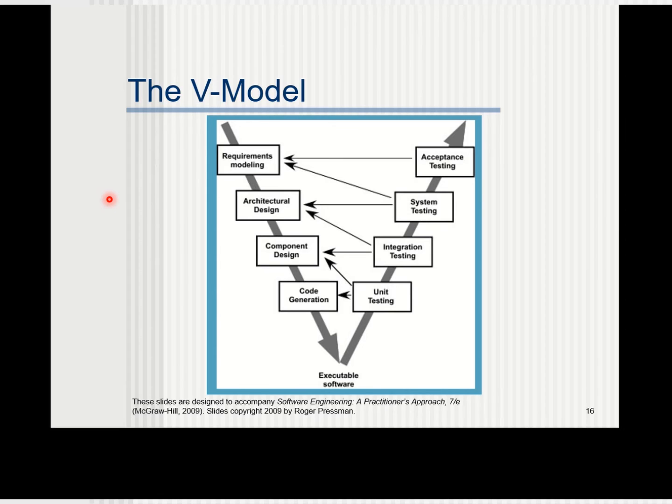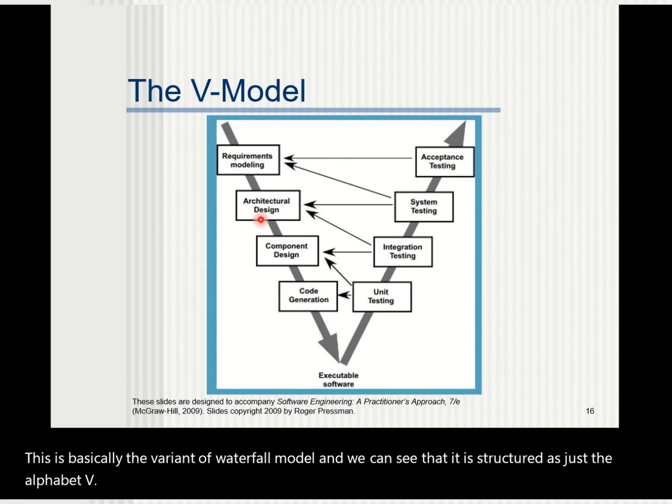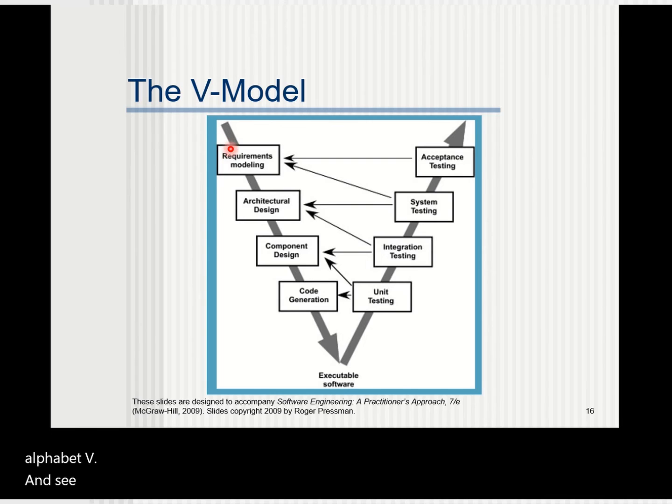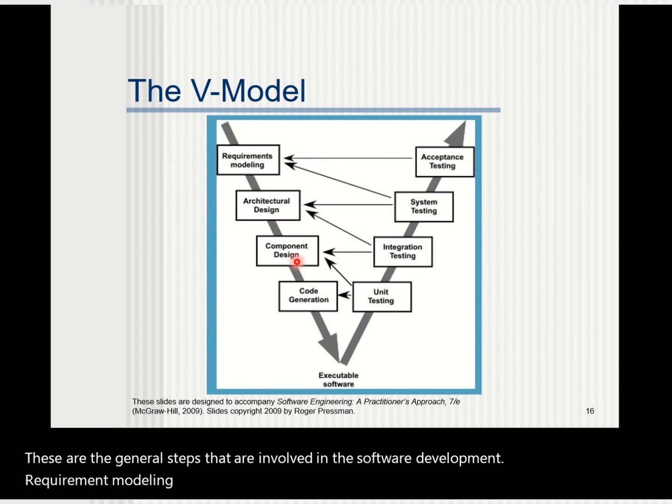The V model. This is basically a variant of the waterfall model, and we can see that it is structured just like the alphabet V. Moving from the left side to the bottom direction, these are the general steps that are involved in software development: requirement modeling, architectural design, the component design, and the code generation.